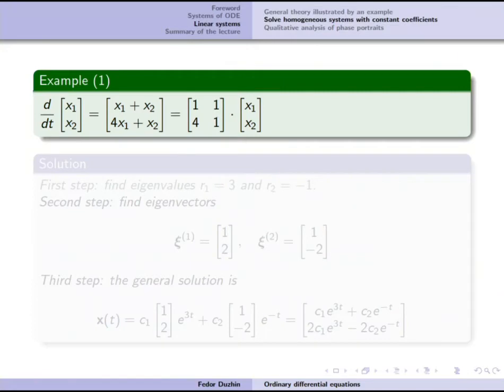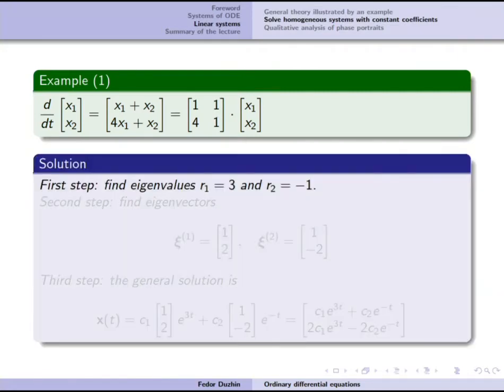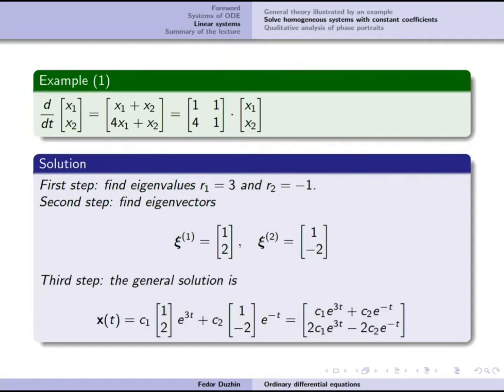All right, so now let's go back to our example. Suppose that we have not seen the picture. So if we do not know the eigenvectors, then the first step would be to find eigenvalues according to the standard procedure from linear algebra. Then we could compute eigenvectors according to another standard procedure from linear algebra. And then you just compose it into a solution.